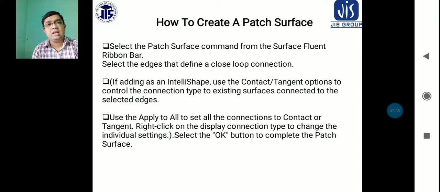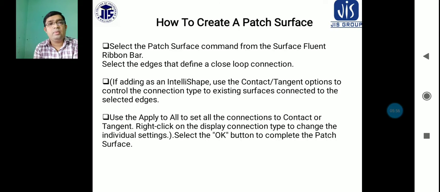Use the right click on the displayed connection type to change it. Each and every individual setting can be changed by this right click, as you can see in the display.